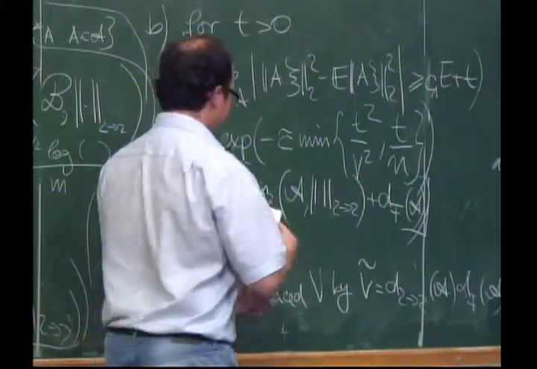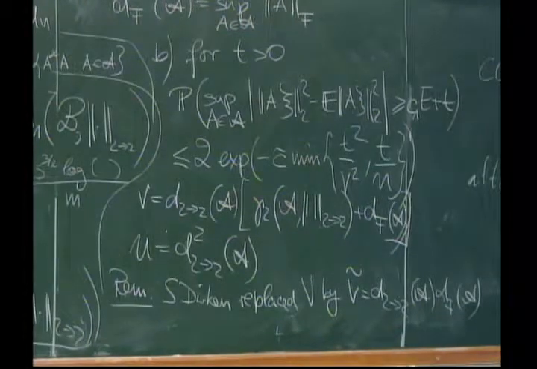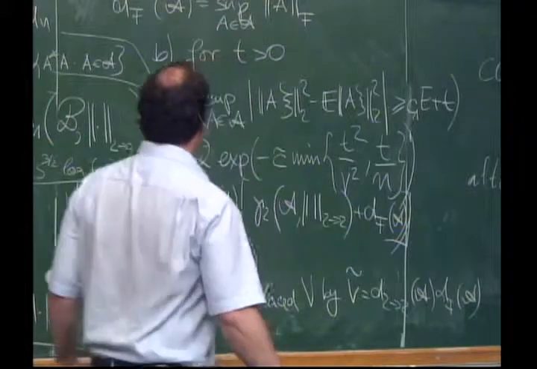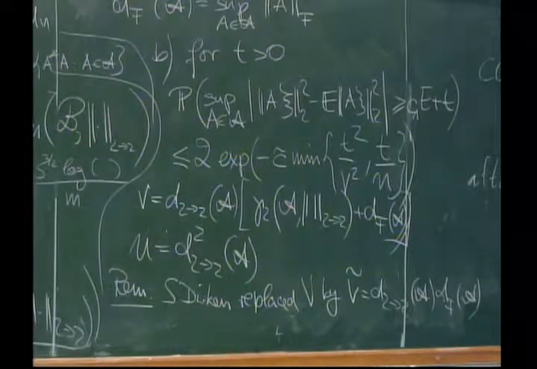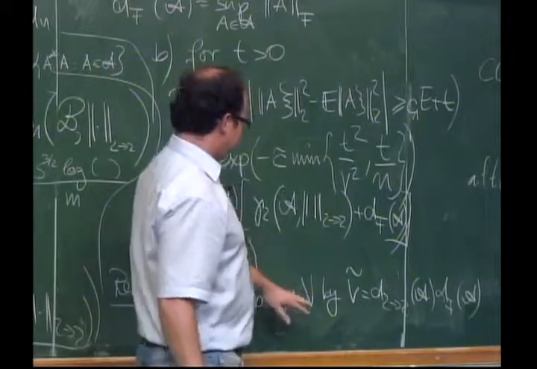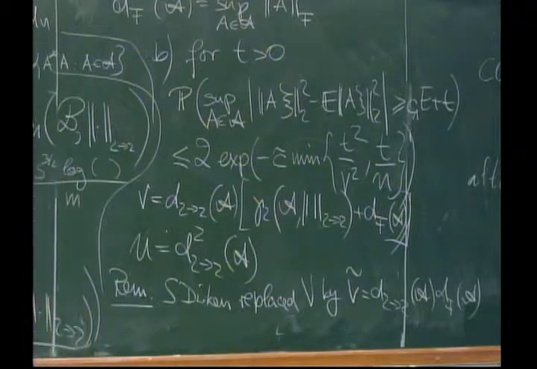So basically he removed the gamma 2 out of the probability bound, which is somehow natural because you expect that this is responsible for the expectation, but for the tail bound you just have these diameters.